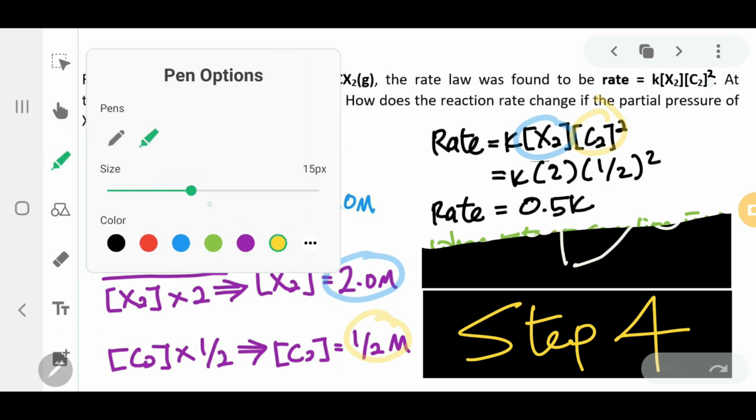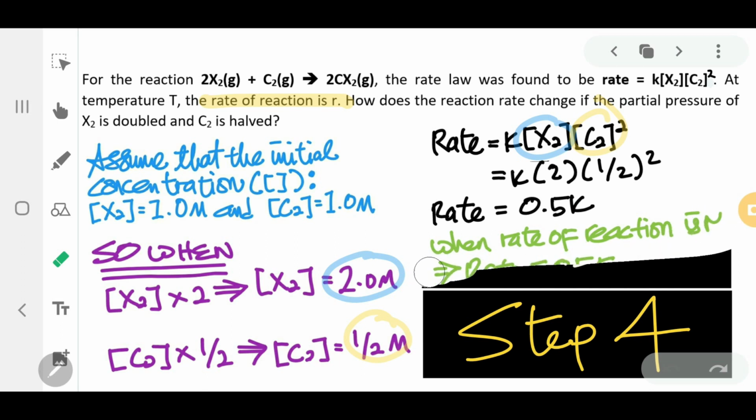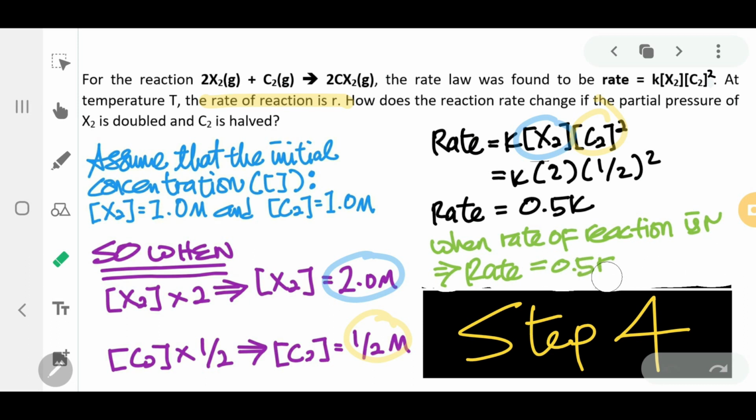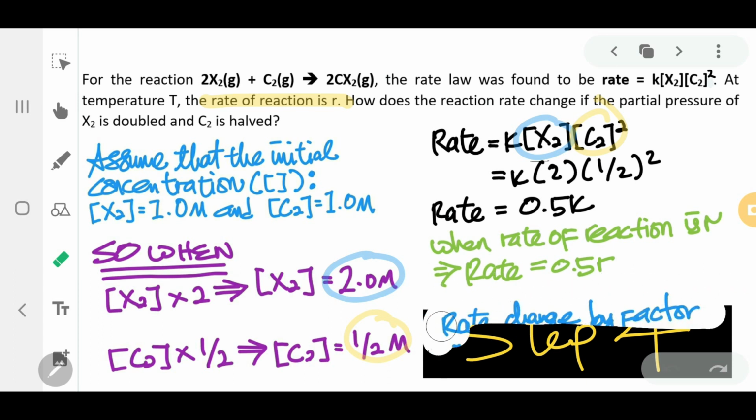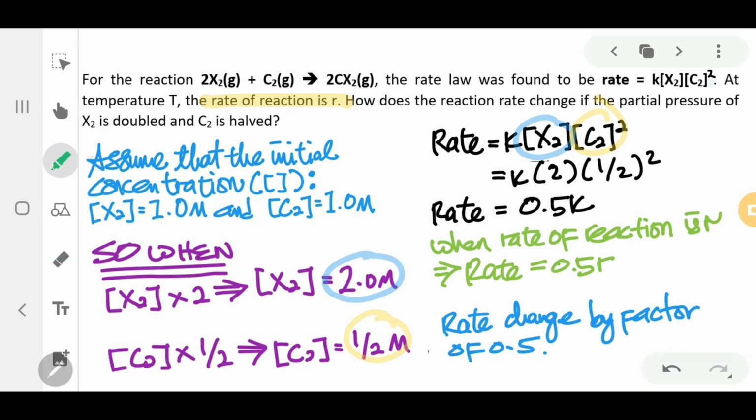But don't forget, you have a new statement over here, which is that it needs to be in R. So you have to rewrite. When the rate of reaction is R, therefore the rate is equal to 0.5R. Step 4, then we're just going to write that the rate changes by a factor of 0.5. Okay? So we're just going to take that 0.5 and write it there.